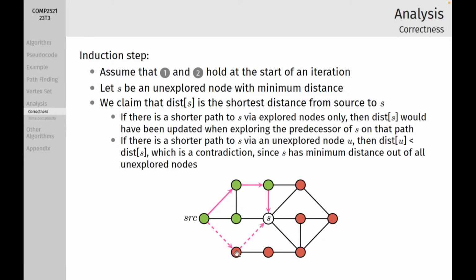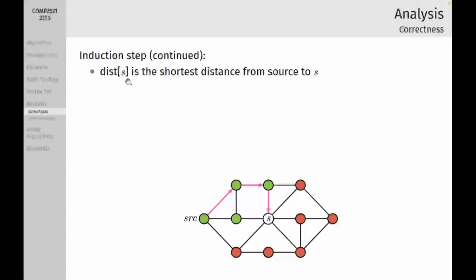And this is a contradiction, because we assumed earlier that S has the minimum distance out of all of the unexplored nodes. So this situation is impossible. That means that if S is the unexplored node with minimum distance, then the distance array contains the shortest path to that vertex overall, in the entire graph. So now we know that dist[S] is the shortest distance from source to S.